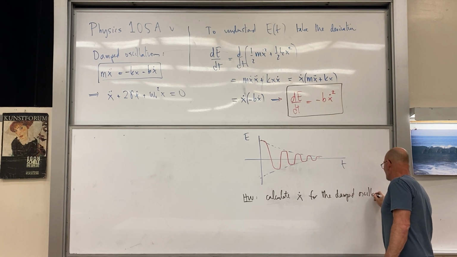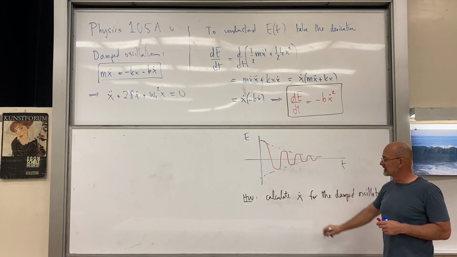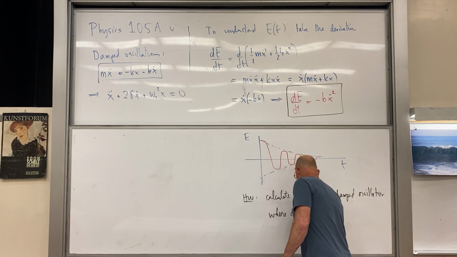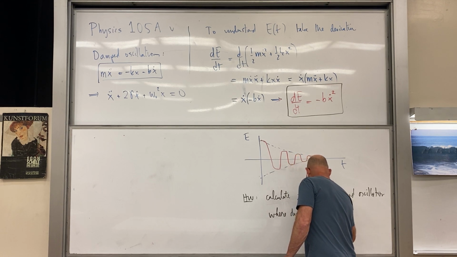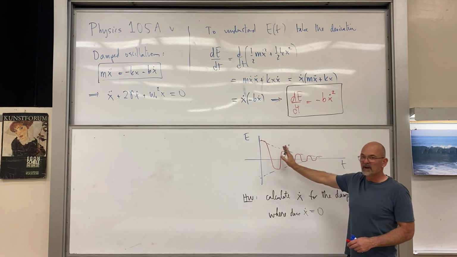You already have that in your notes. Then find out where x dot is equal to zero, because it's a periodic occurrence.